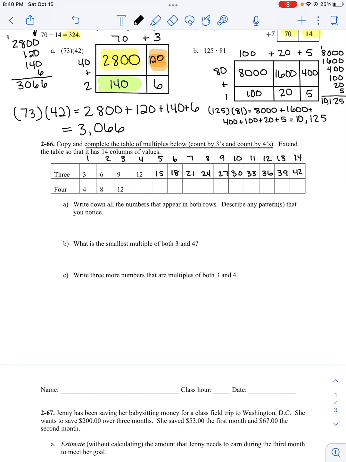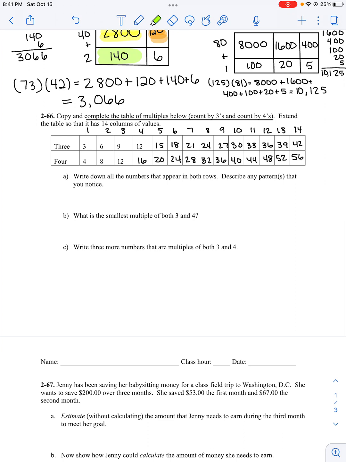Then I'm going to go to my 4s and count by 4s. 12, 16, 20, 24, 28, 32, 36, 40, 44, 48, 52, 56.